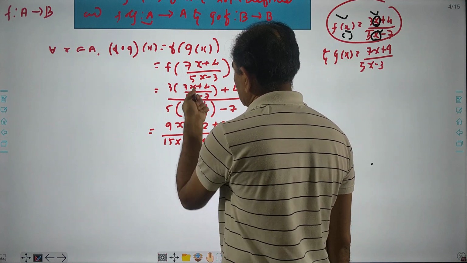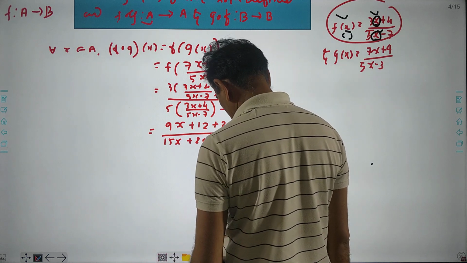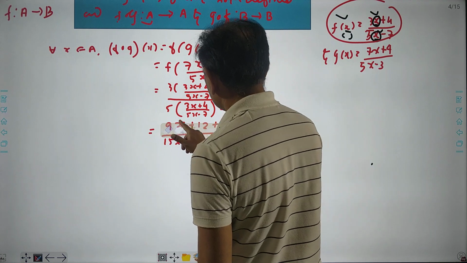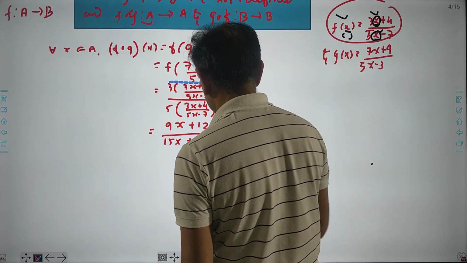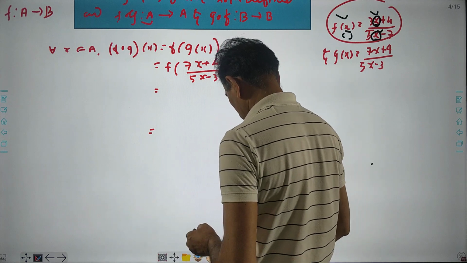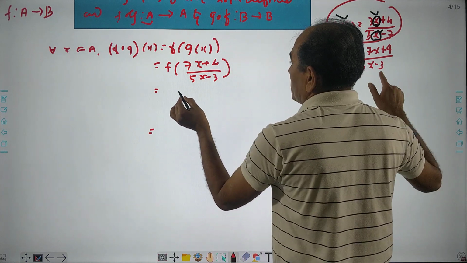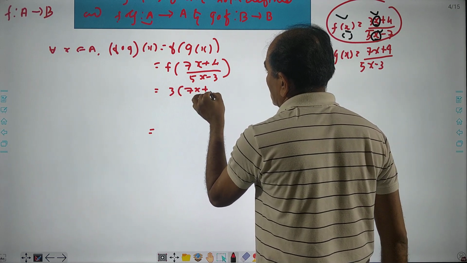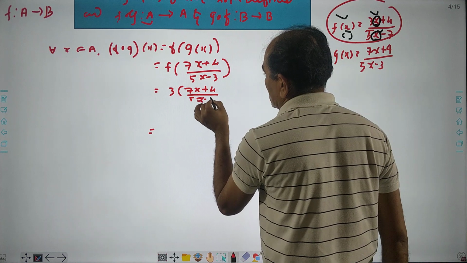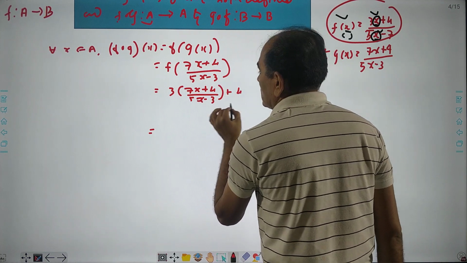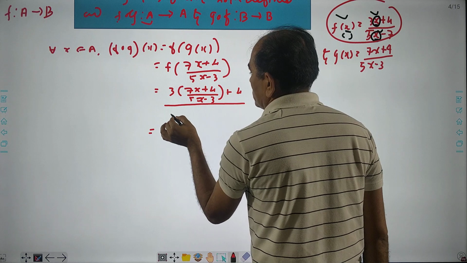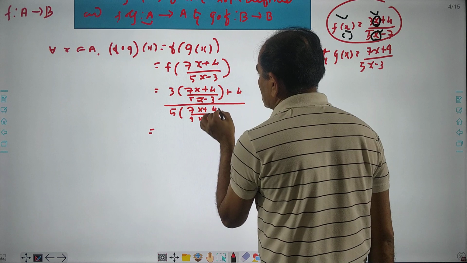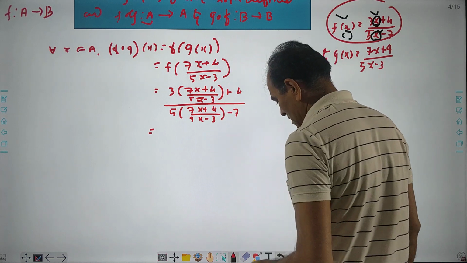Sorry, here we have to take this thing in place of this one. So let us see here. What do we have to see? f of something is equal to 3 times (7x plus 4) over (5x minus 3) plus 4 over 5 times (7x plus 4) over (5x minus 3) minus 7.